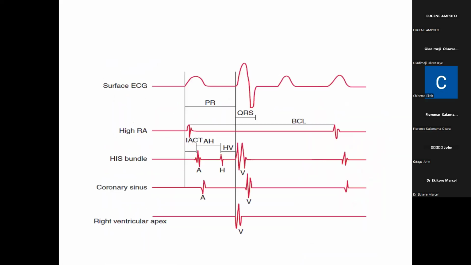Okay, so I'll come to this slide. When we're doing EP, usually we'll have your surface ECG there. And each of the catheters represents a segment of the heart. So remember I showed you a catheter that is in the right atrium, close to the SA node. We usually call it on the roof of the atrium, so you call it the HRA catheter. There's a catheter in the His bundle, which I showed you.